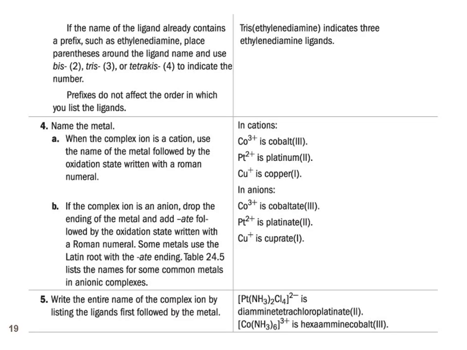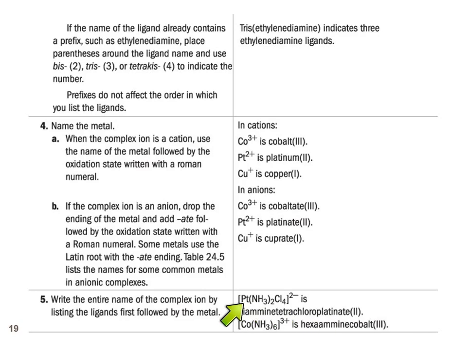So we've got all the pieces now. Well, most of the pieces. We've got all the pieces for the complex ion. So for the entire name of the complex ion, you list them all, listing the ligands in alphabetical order with prefixes to tell how many, and then the metal name.